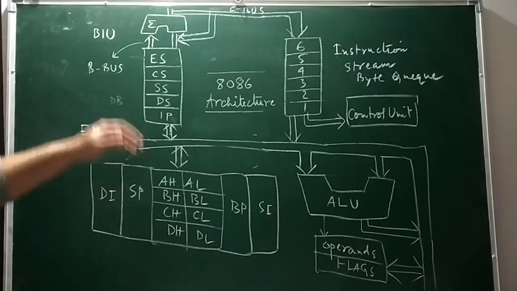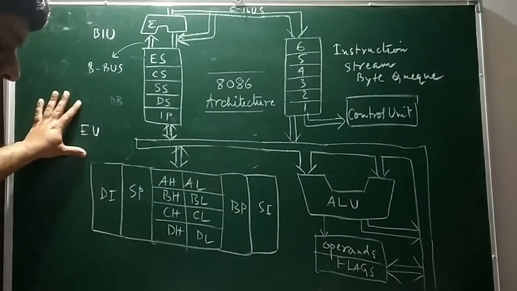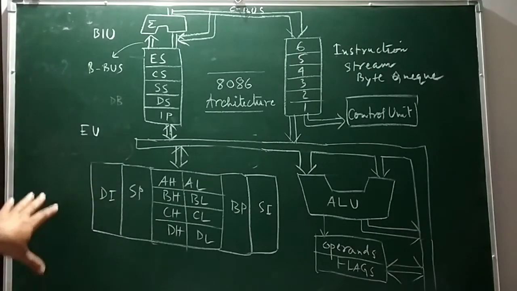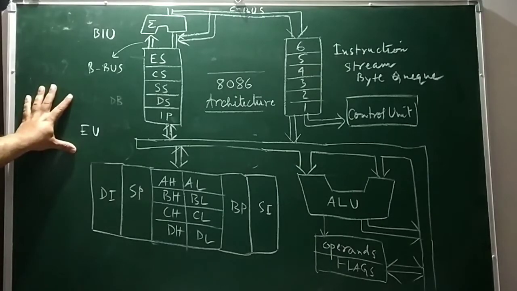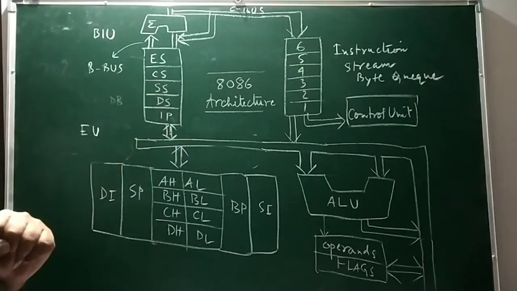So the main functions of the execution unit are decoding of instructions and execution of instructions.